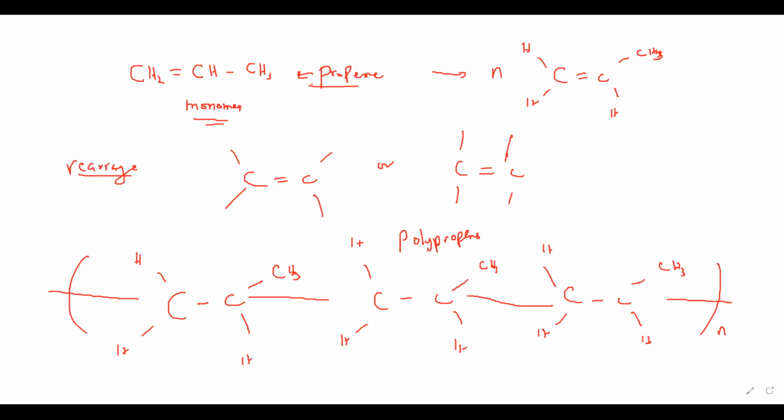But how does this reaction occur, how does it start? This reaction is started with a peroxide initiator. What is a peroxide initiator? In the peroxide, R means the carbon chain, then oxygen, then oxygen, and then another carbon chain.